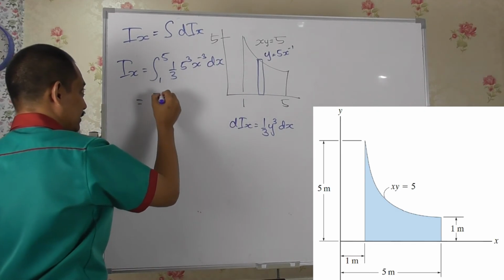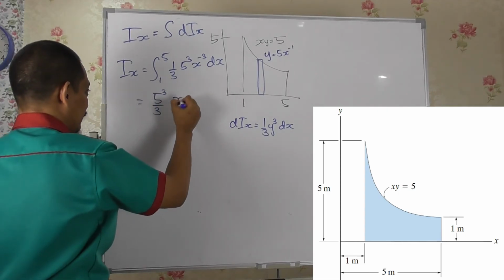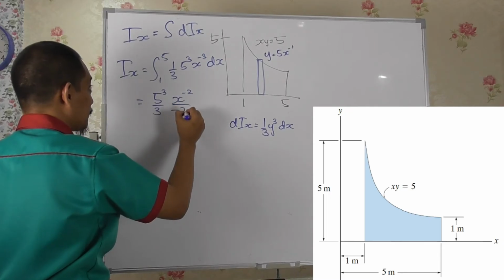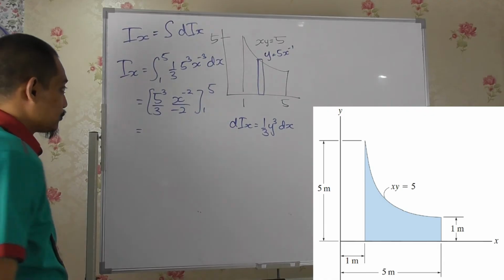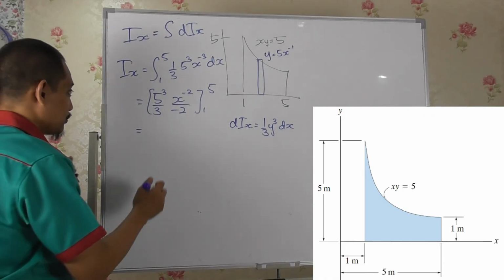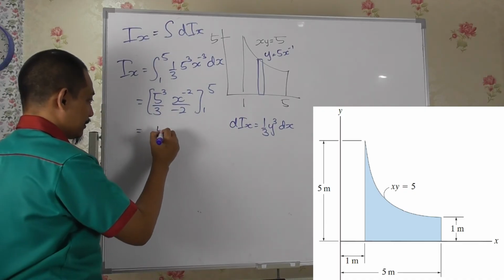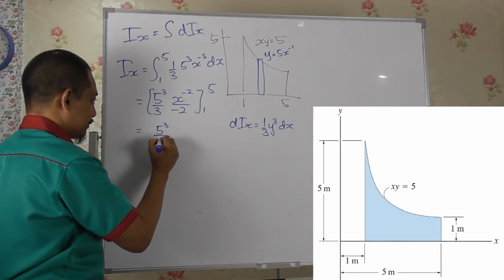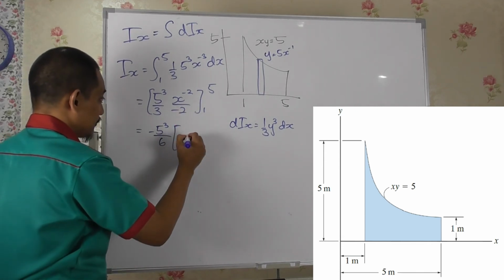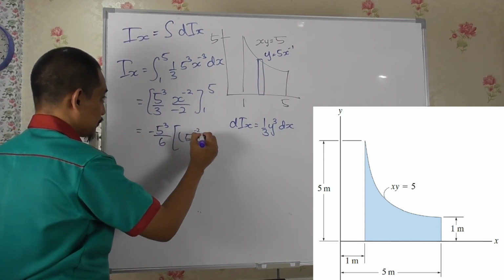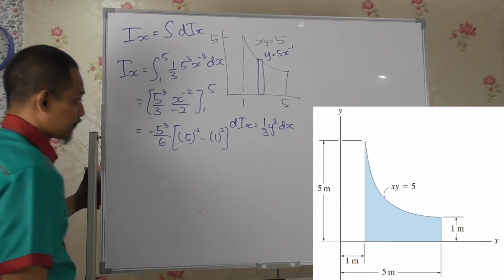So integrating this, you have 5 cube over 3. So x becomes x to the negative 2, so negative 2, from 1 to 5, right? So if you plug in the values, if you take all this value outside first, you get 5 to the power of 3 over 6, you have negative, and then you have 5 to the power of negative 2 minus 1 to the power of negative 2, right?